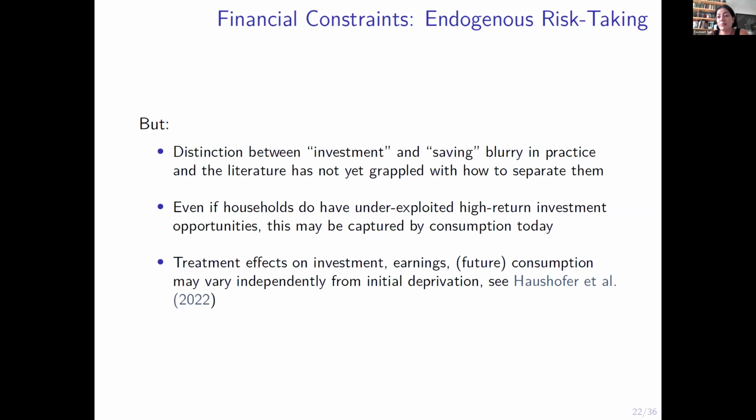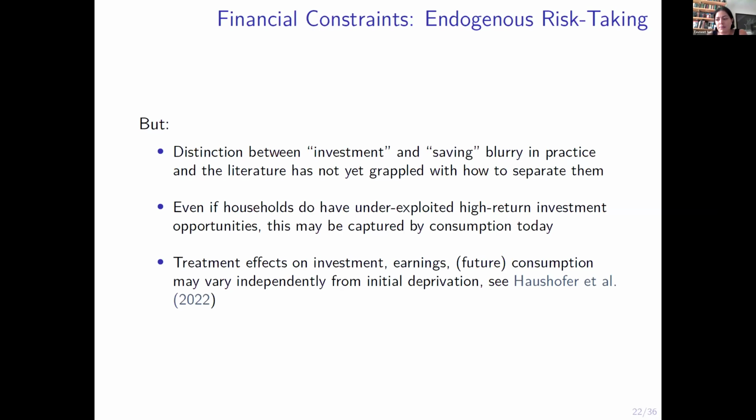It might be just that the best way for you to save is in a low return investment because you don't have savings opportunities. So this line between savings and investments gets blurry. There's a bunch of work to be done to tease apart effects on real investments, and what's credit constraints versus what's really savings constraints, and thinking through the difference between investment and savings.